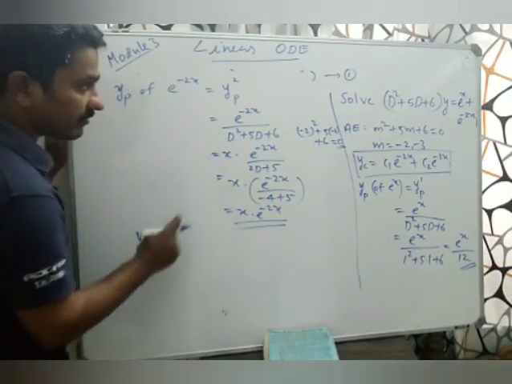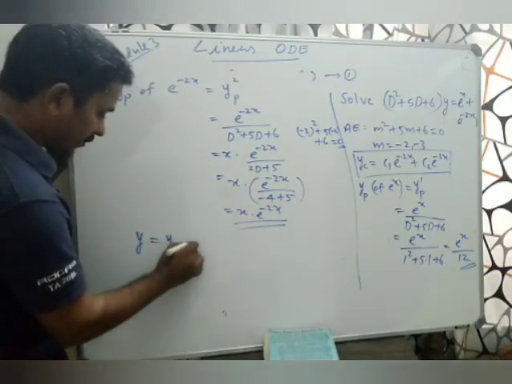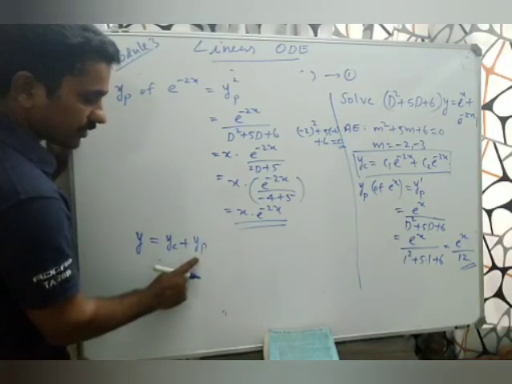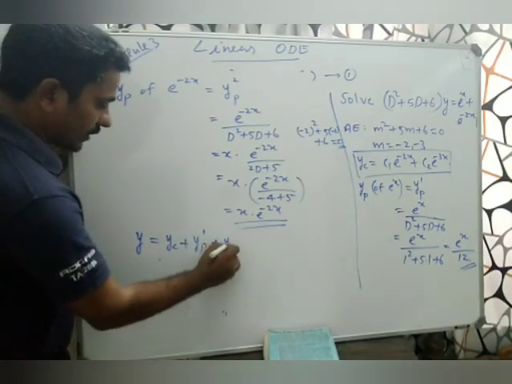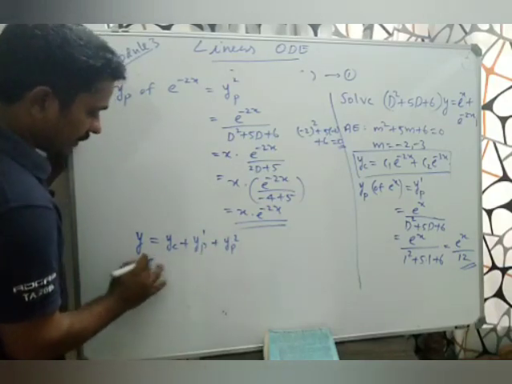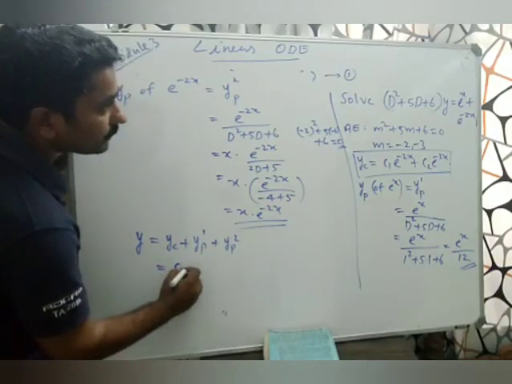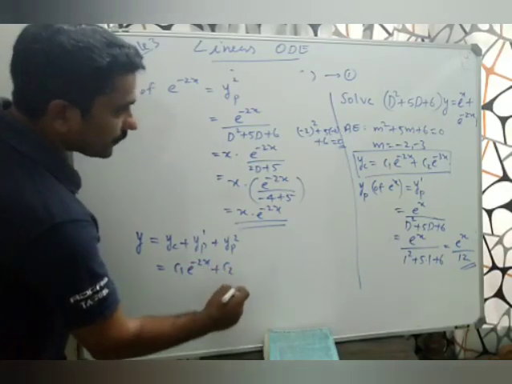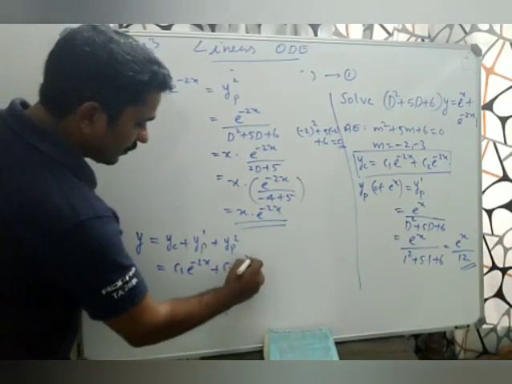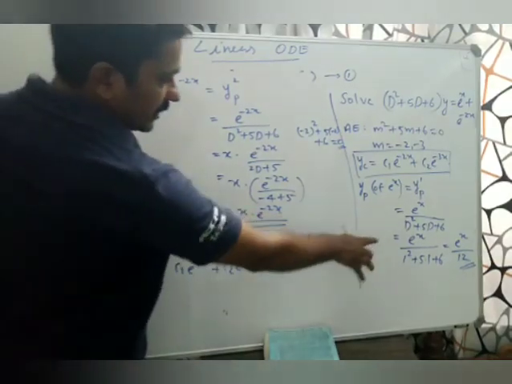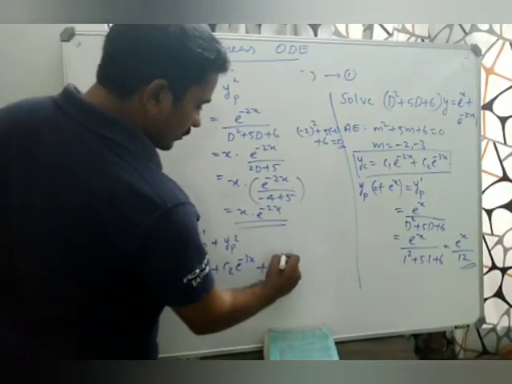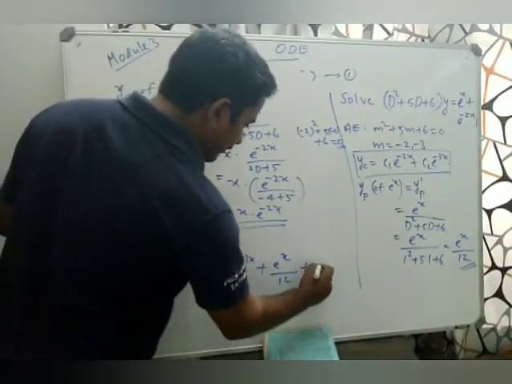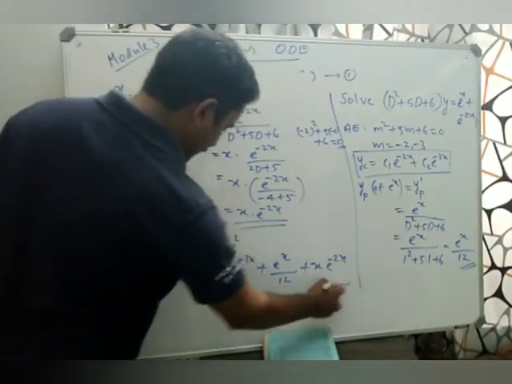Now the problem is completed, since the solution of the differential equation is y equals yc plus yp, and here especially we have two functions, so yp1 plus yp2. The answer is c1 e to the power minus 2x plus c2 e to the power minus 3x plus e to the power x by 12, and finally x e to the power minus 2x.